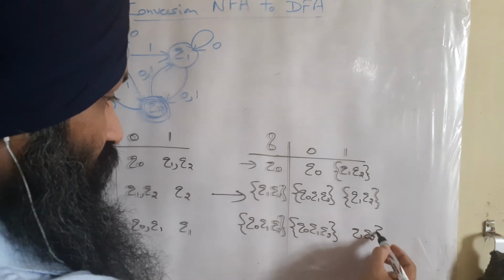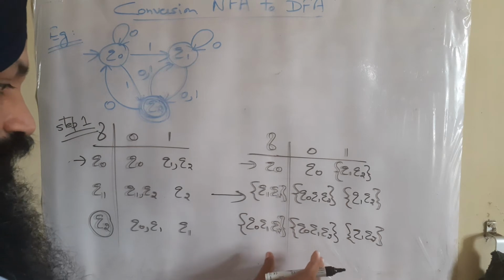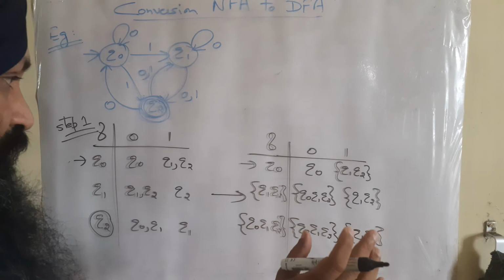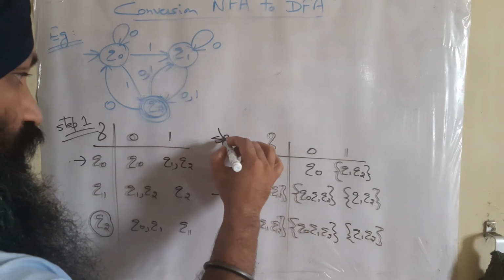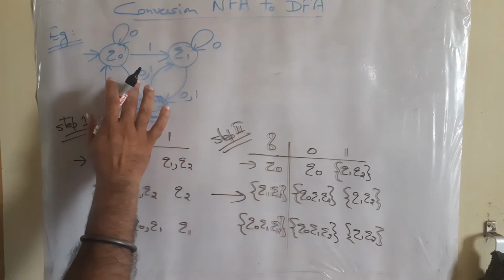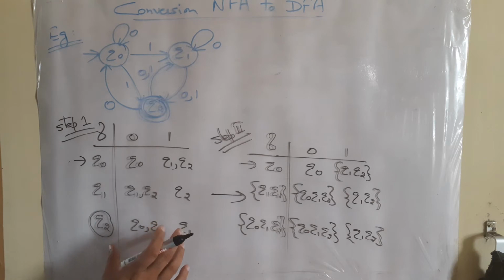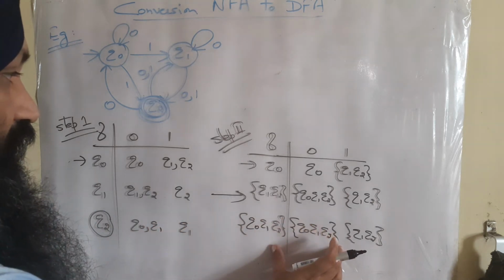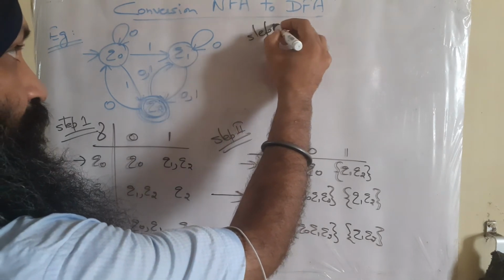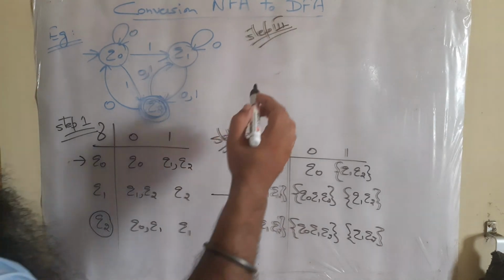So this is the table for the DFA. Now we have to draw the diagram of the DFA from this table. So remember, this is step number 2: from the given diagram of the NFA, we have to draw the table, and that table has to be converted into the table for the DFA diagram. Now we are at step number 3, whereby we have to draw the diagram.